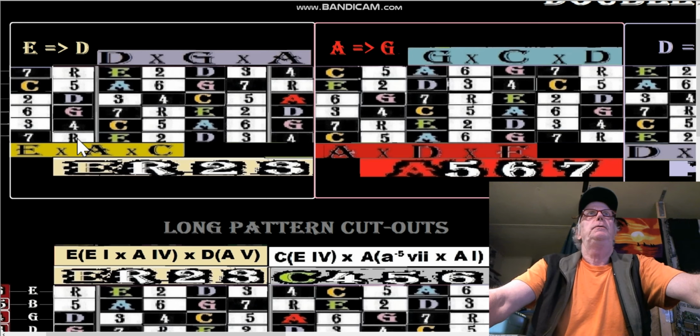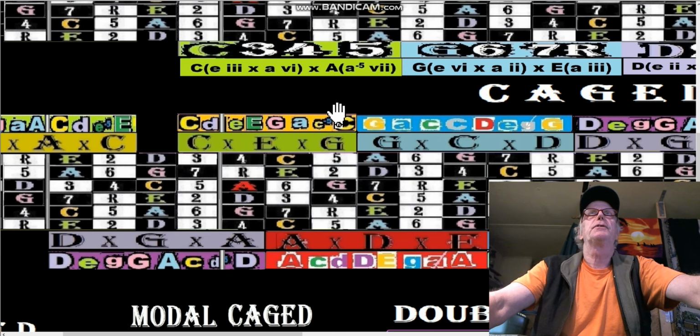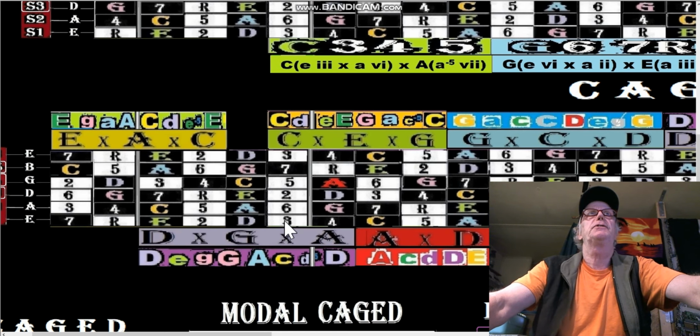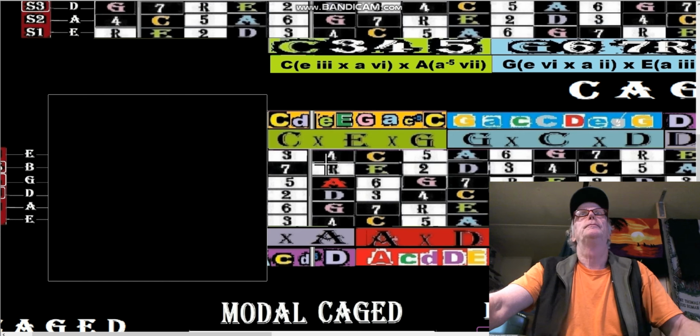So we want to substitute in, and we're back down here now. Let's look at the C box. Okay, so let's look at E as the third of C right here. So the E string is right here. Remember, my guitar is down tuned. Your guitar isn't.